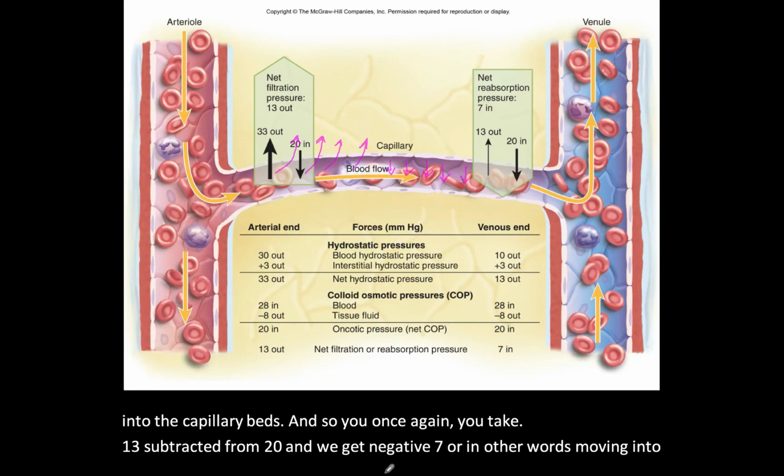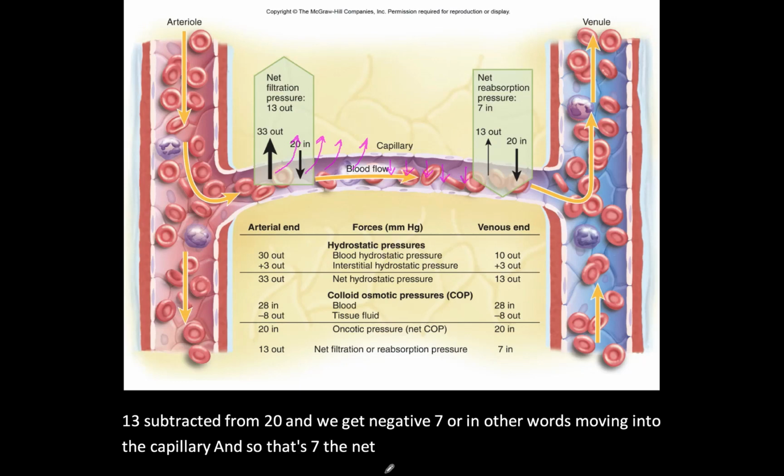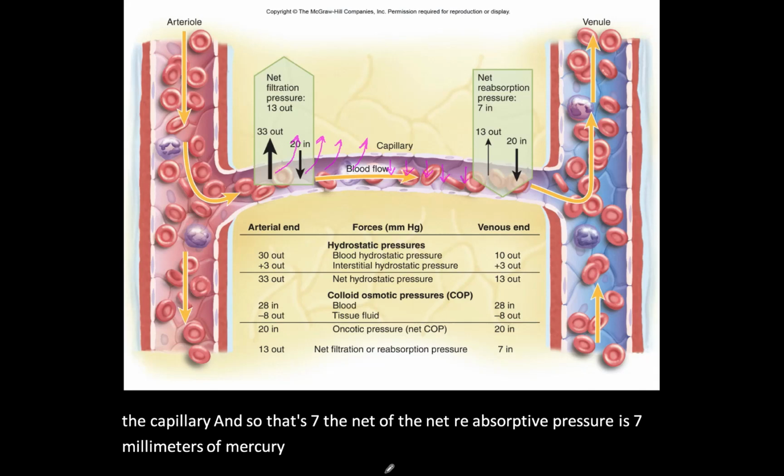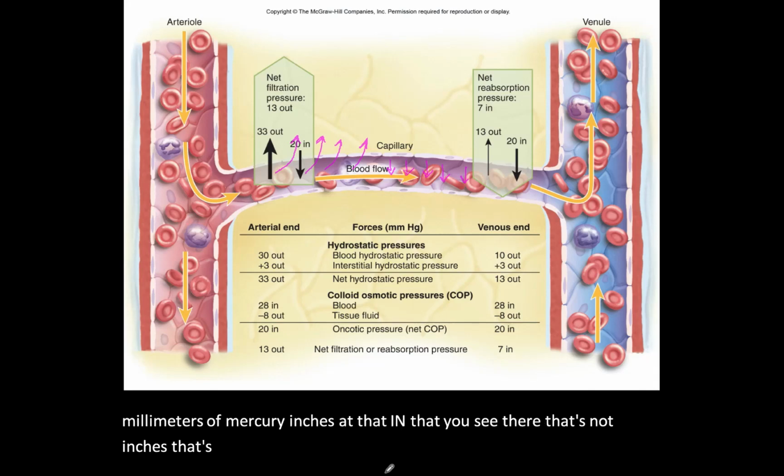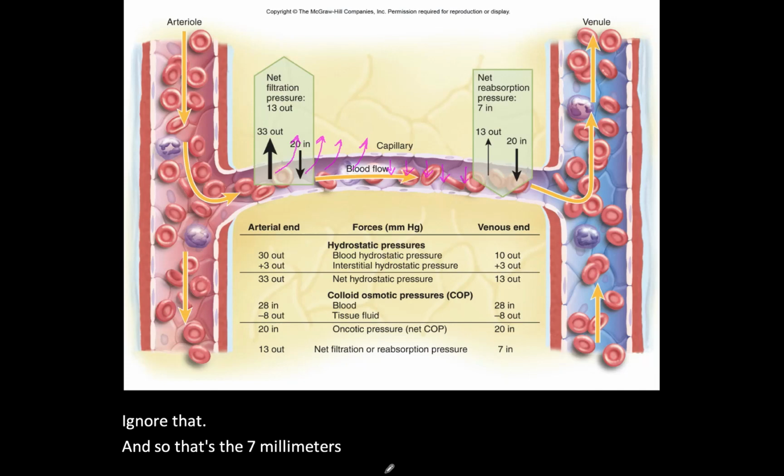And so the net reabsorptive pressure is 7 millimeters of mercury. Ignore the units that you see there, that's not inches, scratch that. And so that's the 7 millimeters of mercury moving into the capillary.